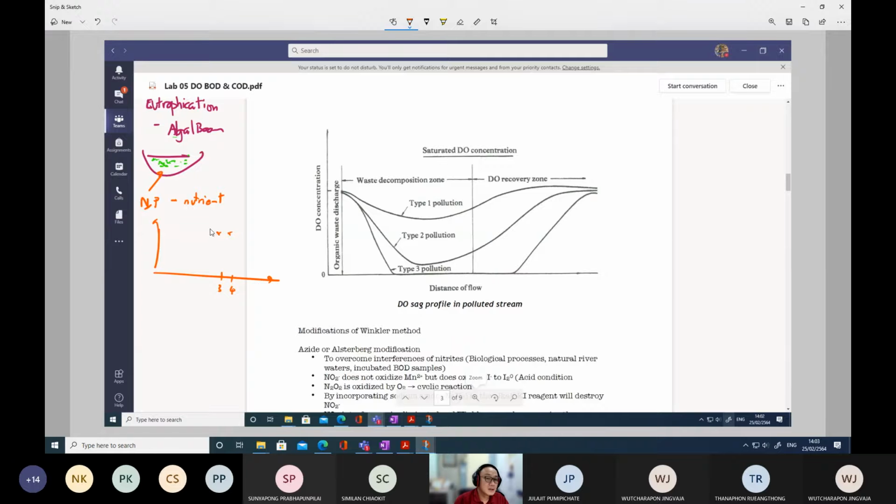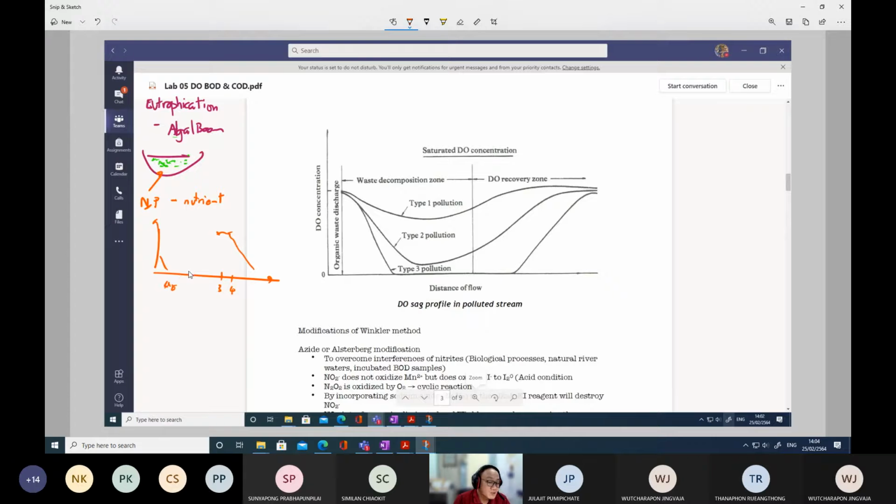But in the nighttime there is no photosynthesis. These algae are living species, so they also consume oxygen at night. In the daytime they produce a lot, but the oxygen level will drop dramatically during the night, and sometimes it goes very near to zero, especially in the early morning, like 4 or 5 a.m. Then no aquatic organisms can survive.